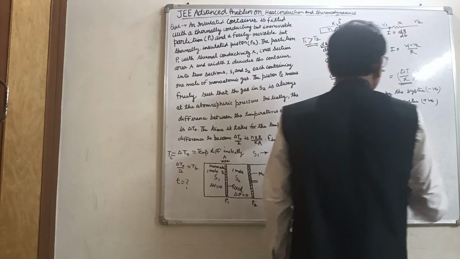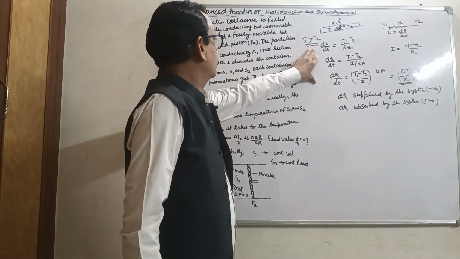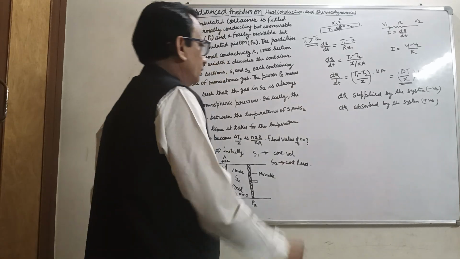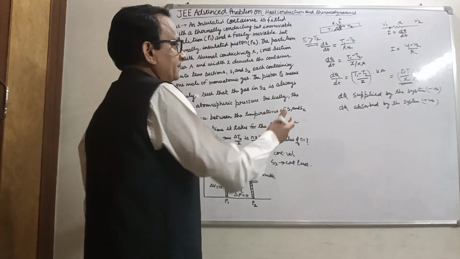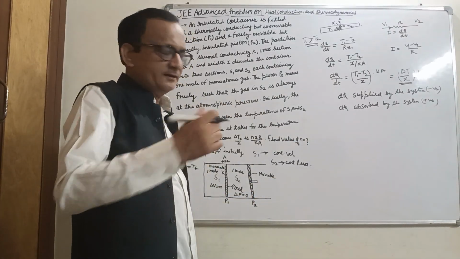This is the concept of heat conduction, and this is the concept applied here. So for delta Q, heat supplied by the system is negative and heat absorbed by the system is positive.